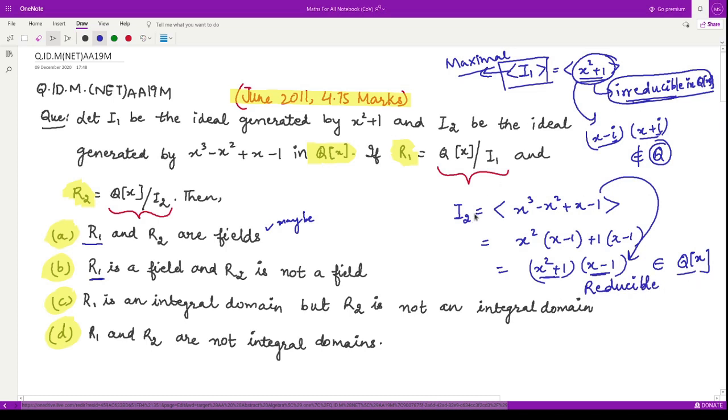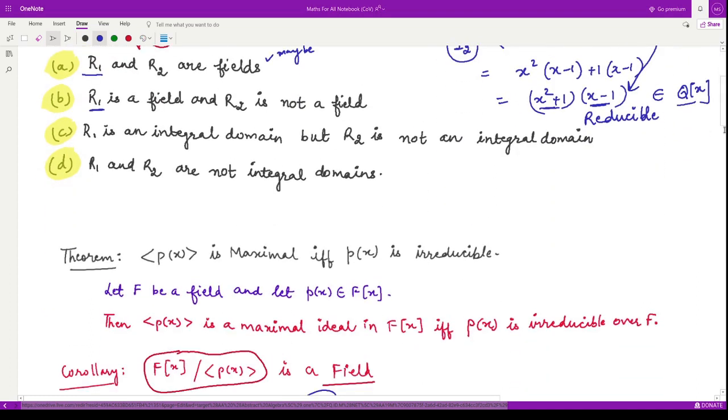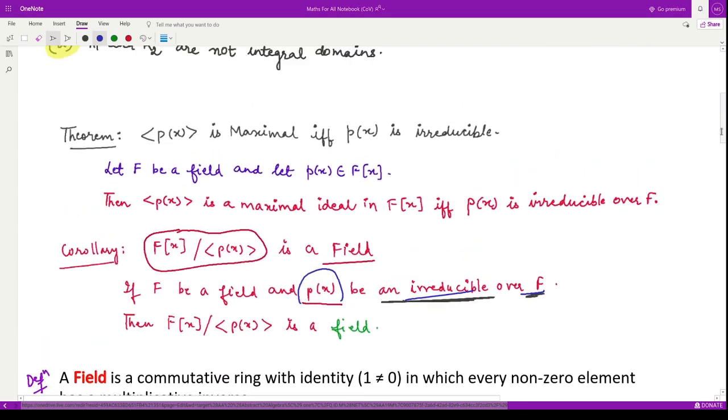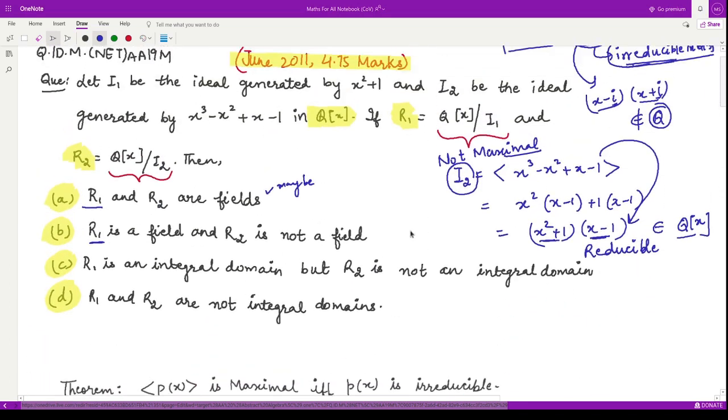Therefore, the ideal generated by this is not maximal, and if it is not maximal, the corresponding R2 is not a field according to this result. So accordingly, option B is correct, option A is incorrect.